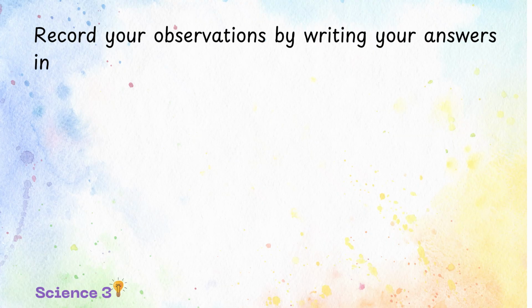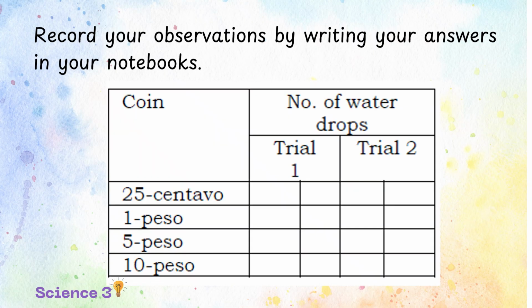Now record your observation by writing your answers in your notebook. We have the coins, 25 centavo, 1 peso, 5 peso, 10 peso. And you're going to answer this. Number of water drops, trial 1, trial 2. What to do?